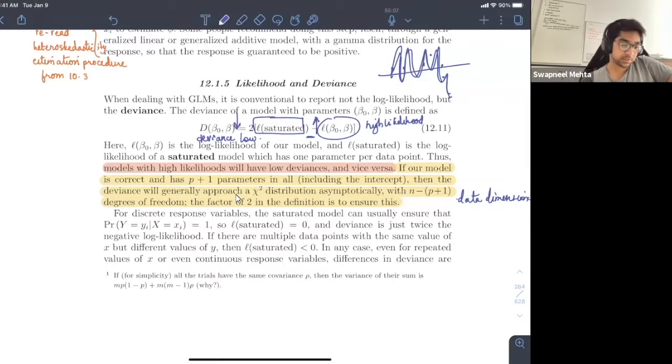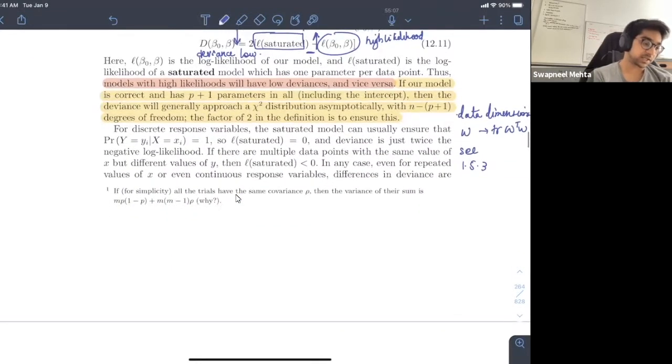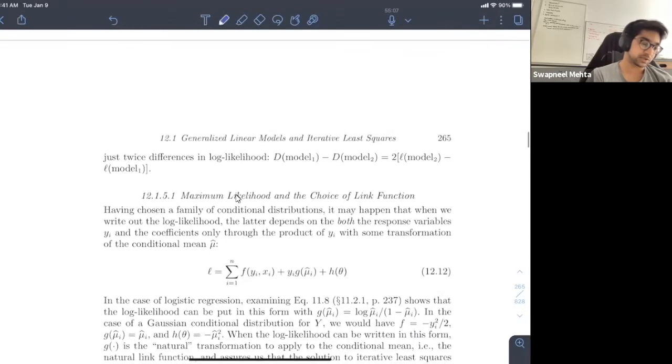I say data dimensions, but I really mean this W and this trace of W transpose W that we spoke about. Also see section 1.5.3 for more on this, which is ironic because that's the first chapter. Anyway, he just makes a couple of points of comparing the deviances of different models and ideas about the saturation.